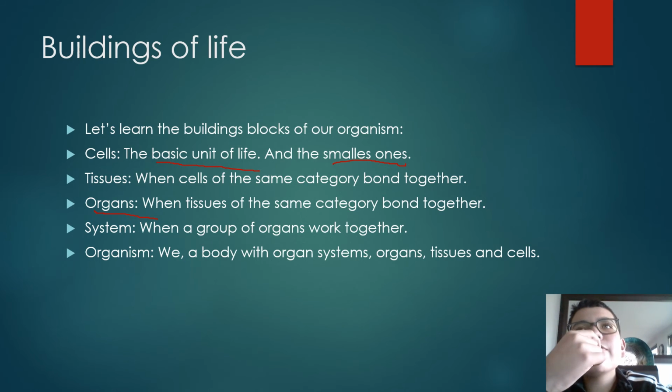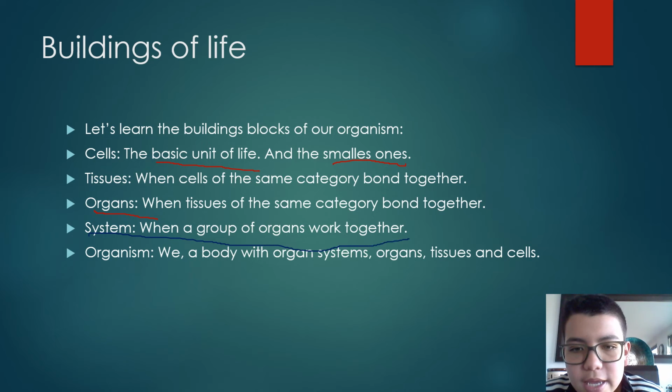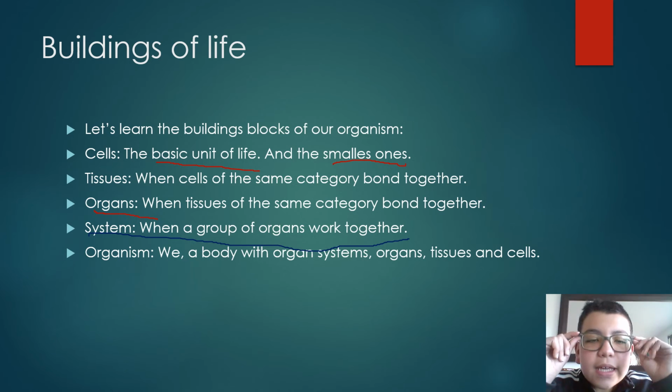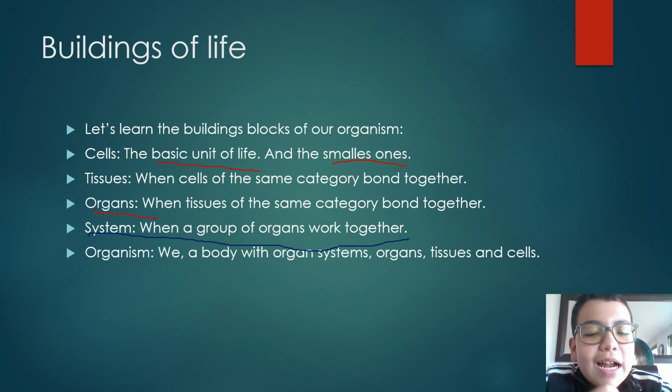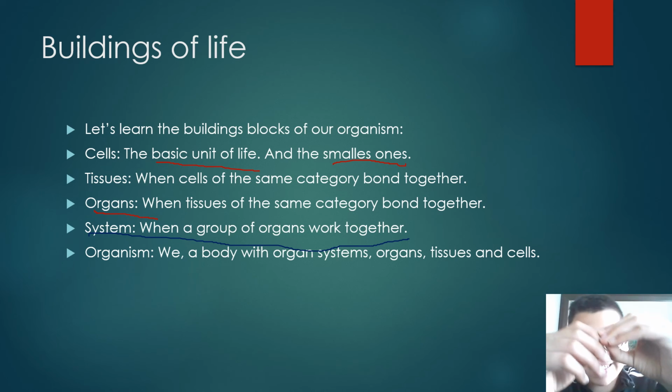When you eat, you use organs like the mouth and the stomach. Those help us with the process, and then we remove the waste products when we go to the bathroom. And finally, the organisms. The organisms are we. We are a body with organ systems, with organs, with tissues and cells.